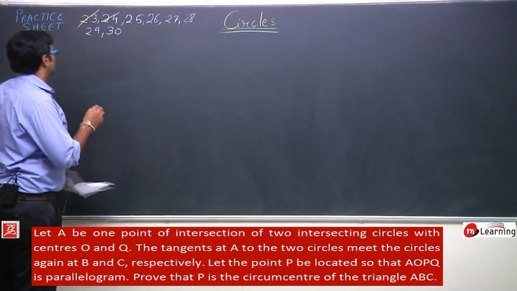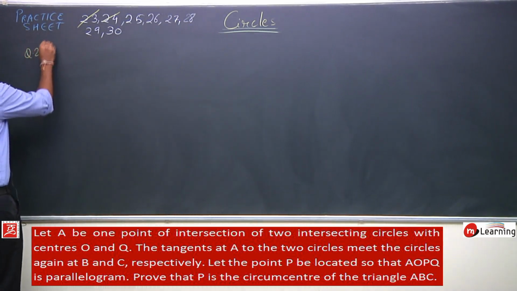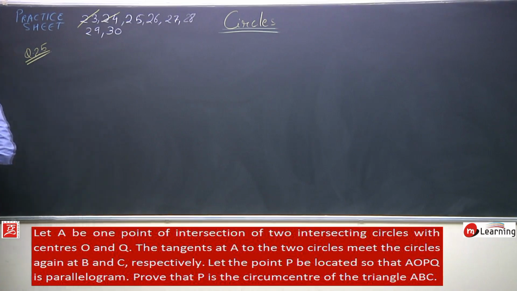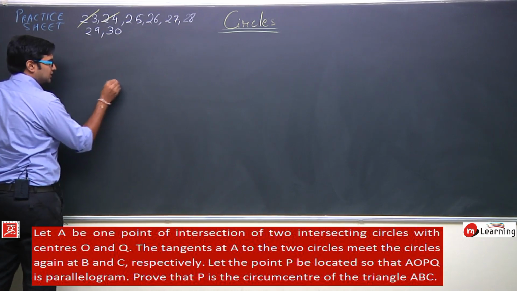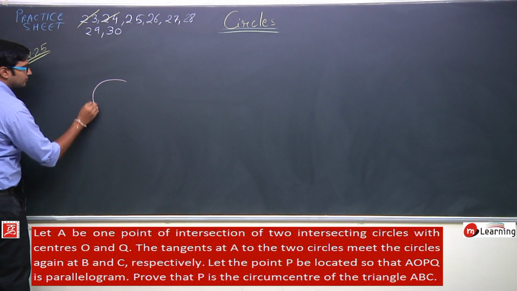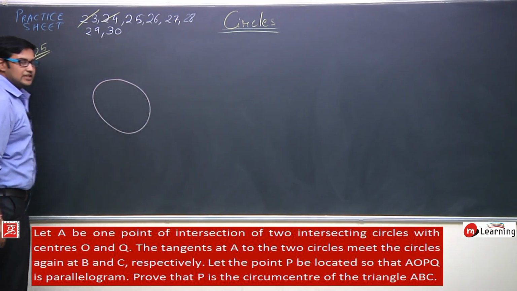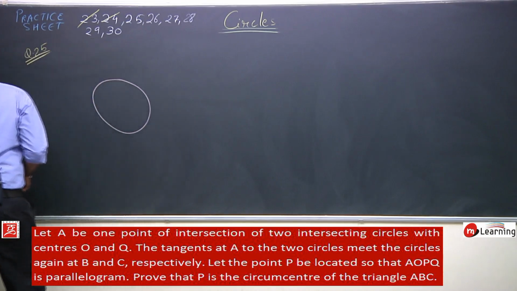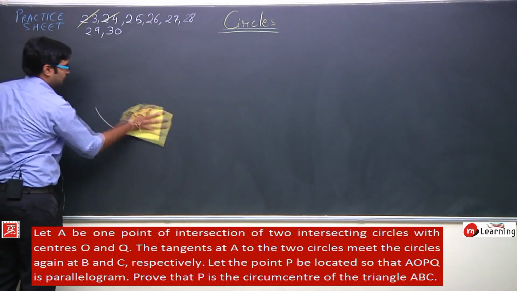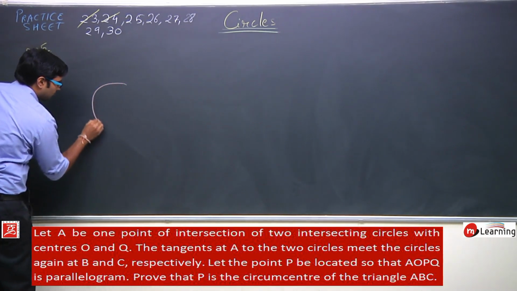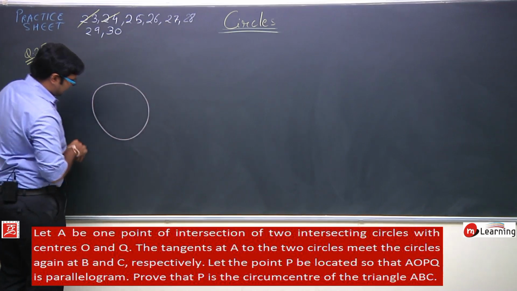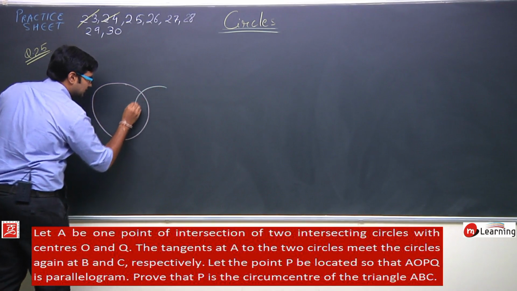So question number 25 says A is a point at which the two circles intersect. The two circles are with centers O and Q. So let us first draw two circles. Let us say this is one circle, and this is another circle.